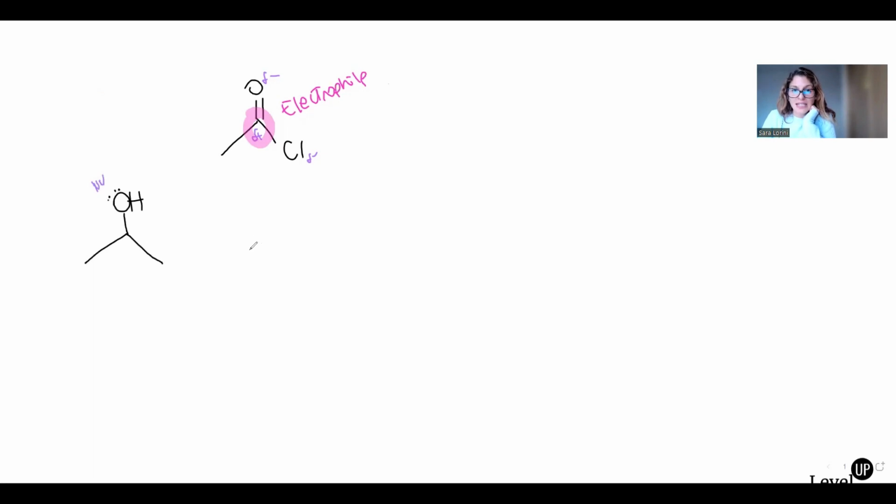So it would react with the nucleophile. And with this analysis, by thinking which parts of the molecule could react together, we may be able to work out a mechanism. For example, if we've identified that the nucleophile is this oxygen, the alcohol, because it has a lone pair, and this is our electrophile, we can actually work out the first curly arrow, which goes from nucleophile to electrophile.